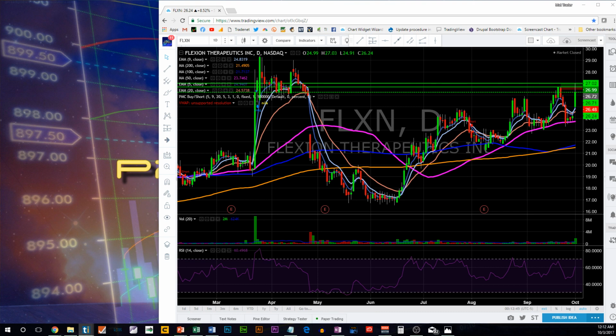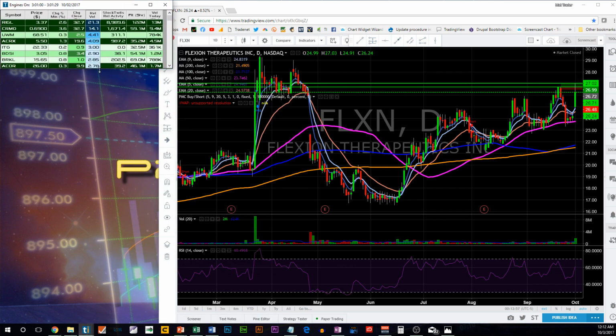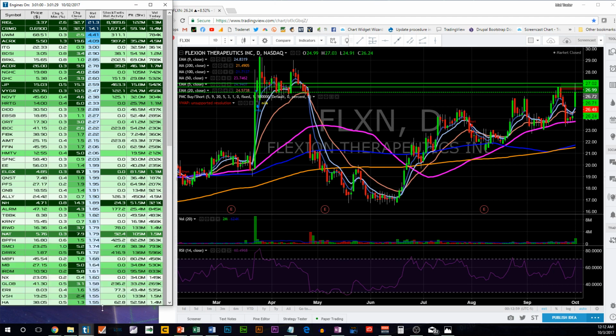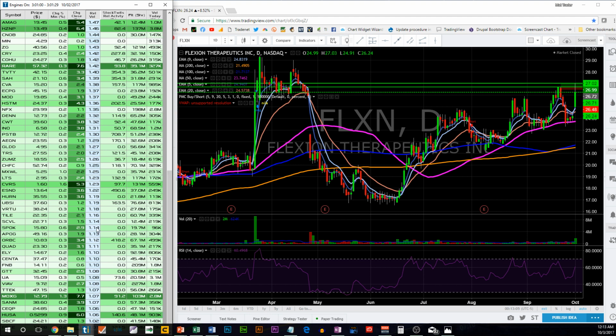And again, the nice thing about Trade Ideas is with the linking, you can click from any window. So I'm going to pull this engines on window here, which is not a lot. Well, I take that back. Oh my gosh, look at that. Today, I've never seen so many stocks in this scanner for a very long time.